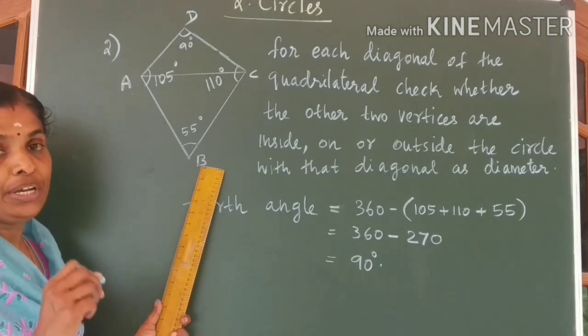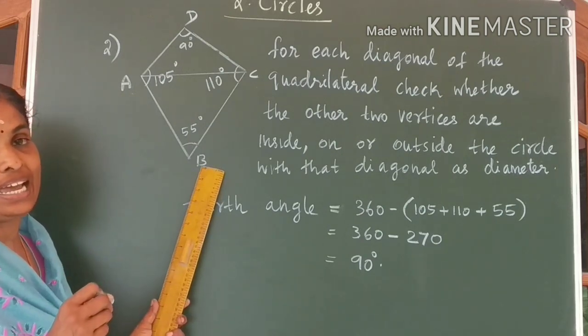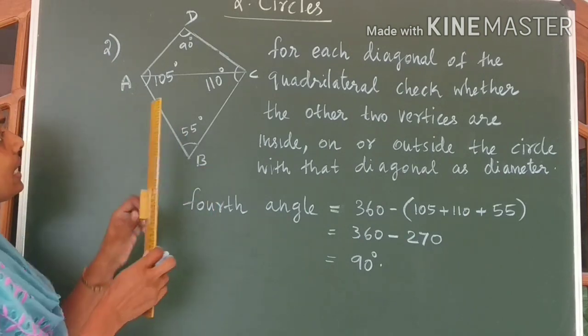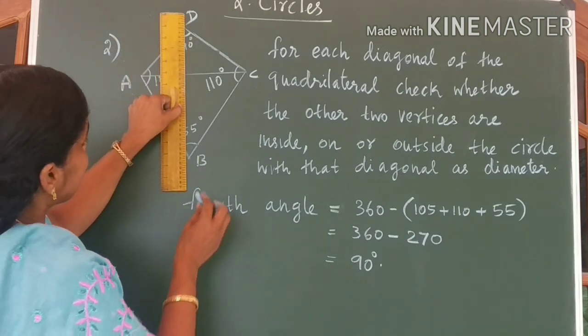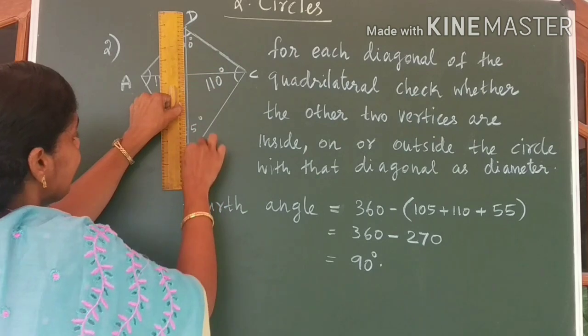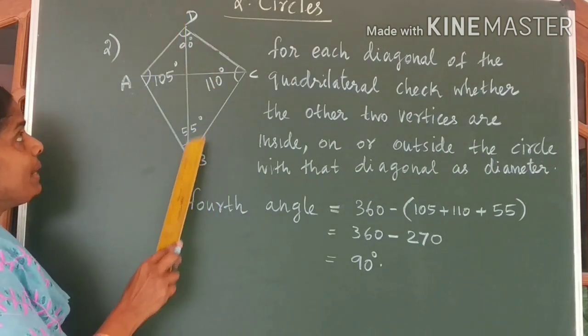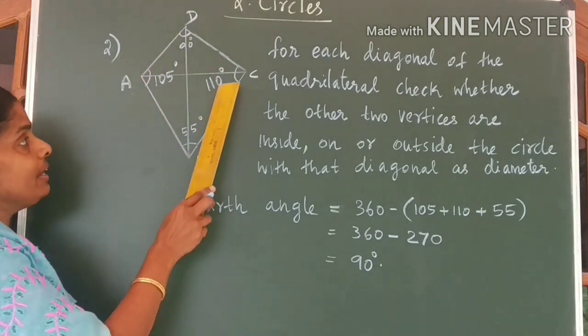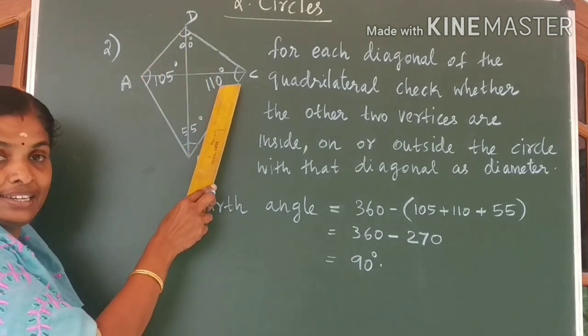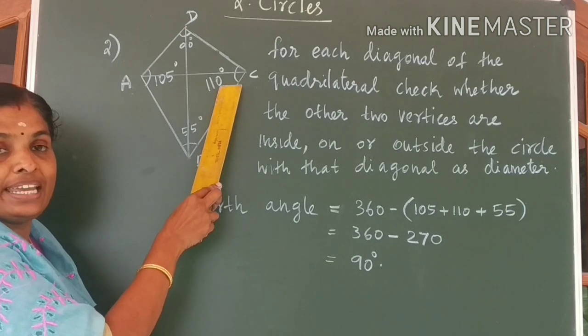Same way you think about the other diagonal. That is, if you join BD and take this as the diameter, BD is the diameter. This angle is 110 degree. So what did we study now?